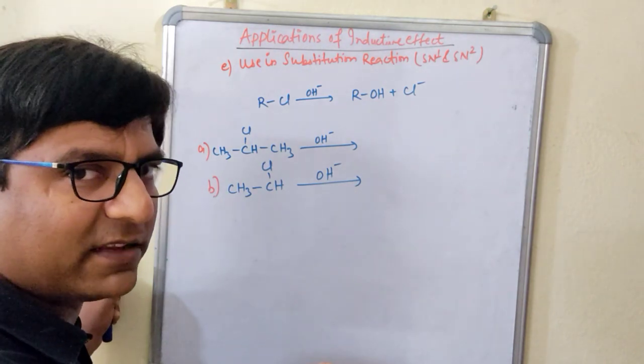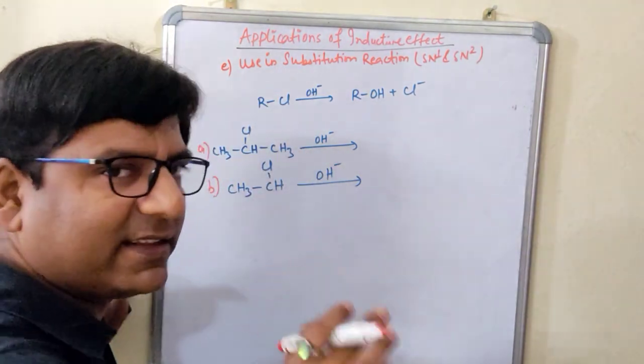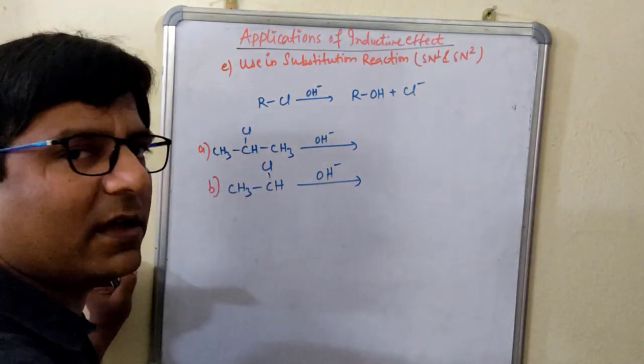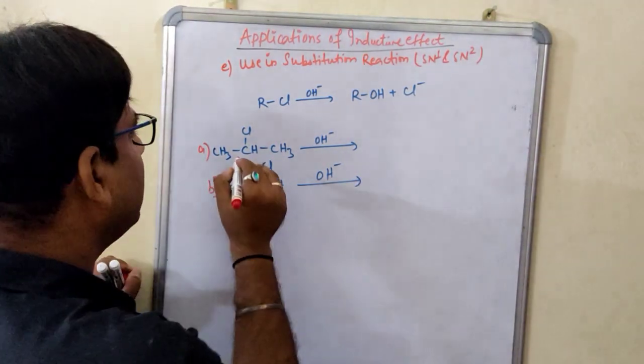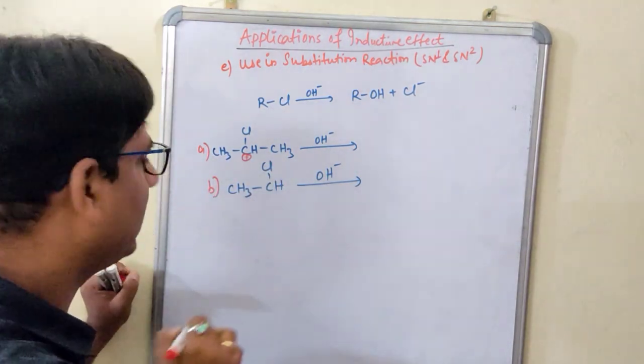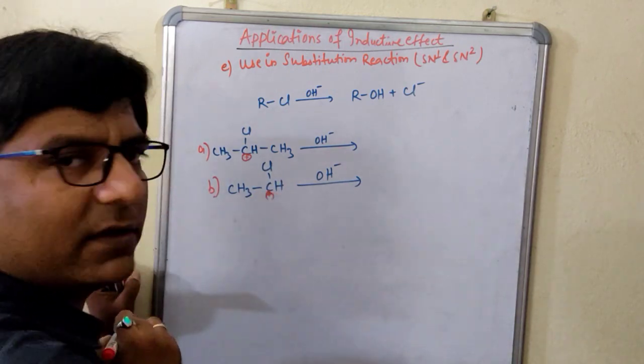And how is that carbocation formed? The Cl is going out in the form of halide ion, leaving behind the positive charge on the carbon. Means here we have the positive. Right? Here also, if this is detached, here we have the positive.